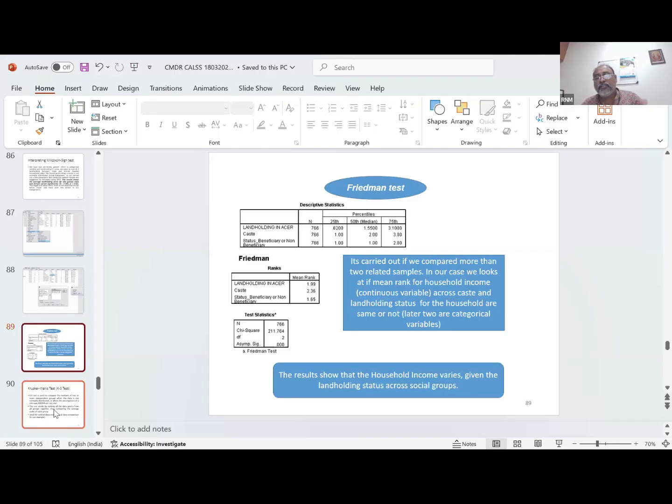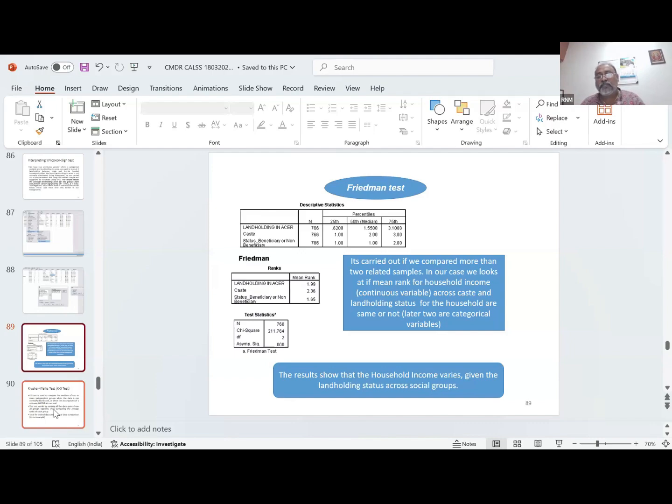Suppose I introduce one more layer, that is household from BPL. Now, how will I interpret? The results show that household income varies given the landholding status across social groups depending upon the BPL score.